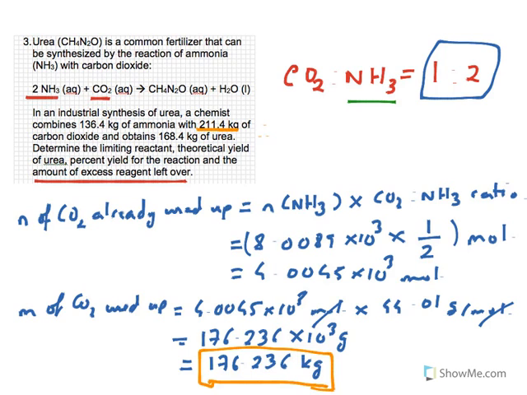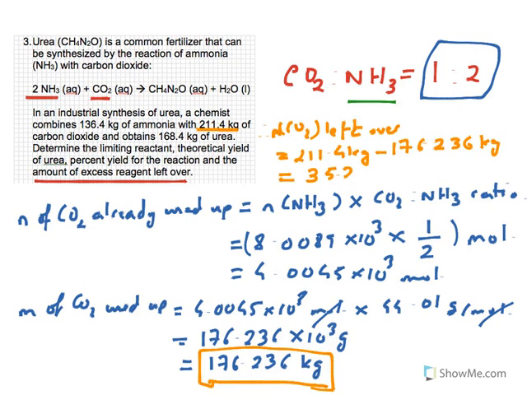So we can say that, therefore, m of CO2 left over is going to be equal to 211.4 kilograms minus 176.236 kilograms. And that is going to be equal to 35.2 kilograms. And that is the answer.